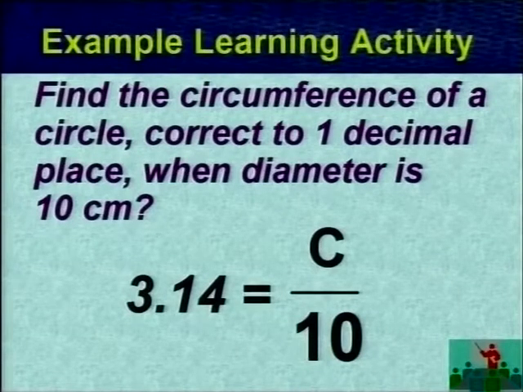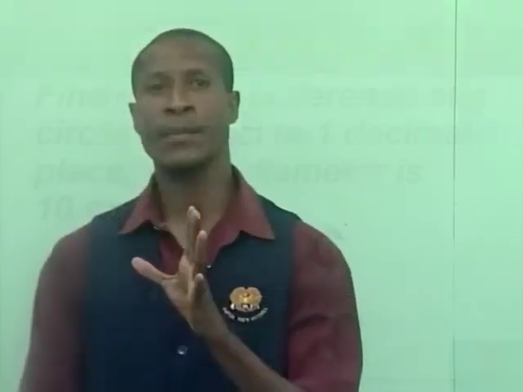You have the diameter which is given, which is 10, and you also know the value of pi, which is 3.14. Now, using that example, try to work out what is the circumference. I'm giving you 5 minutes to solve the problem.